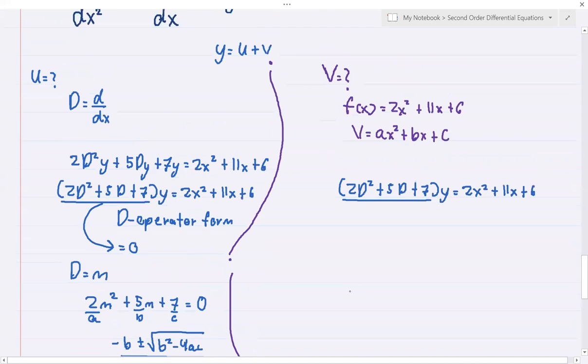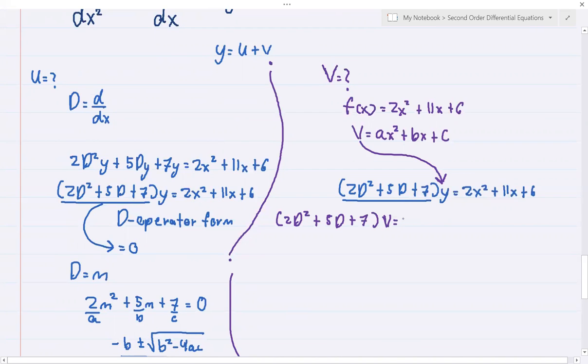There you go. So now, we're going to substitute your y as your v. So we will have 2 times d squared plus 5d plus 7 times v is equal to 2x squared plus 11x plus 6.